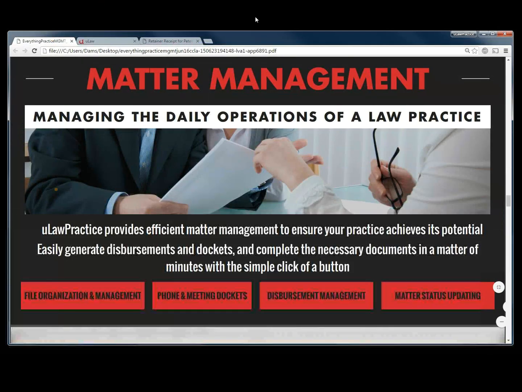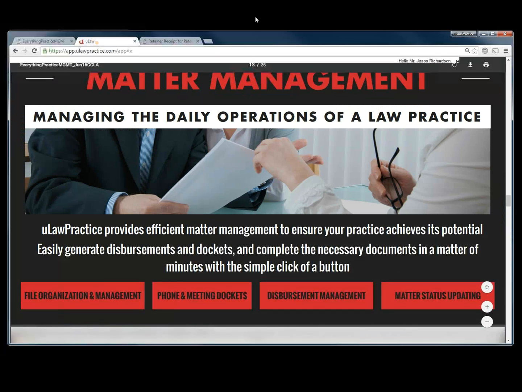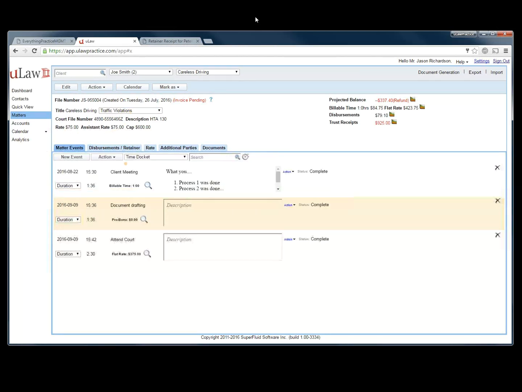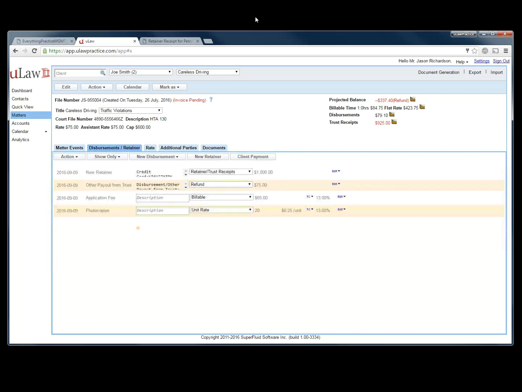Now, in our opinion, a matter has the following things. It has a common structure where you have file number, title, area of practice, and all that stuff. Matter events capture dockets. Disbursements, retainers, and all your other stuff are captured here. You want to capture additional parties.